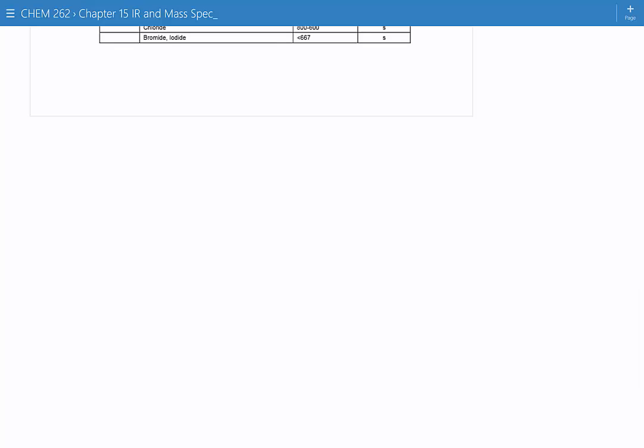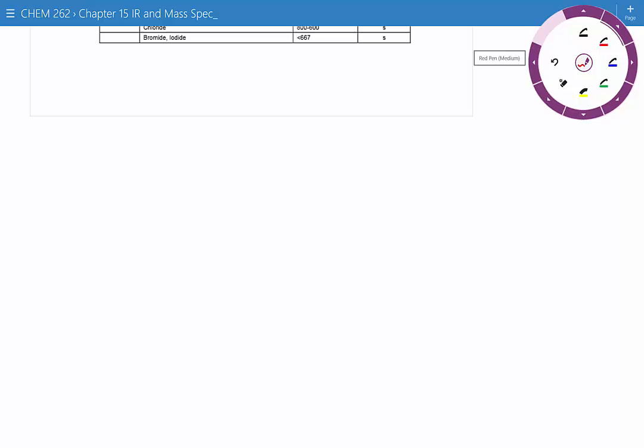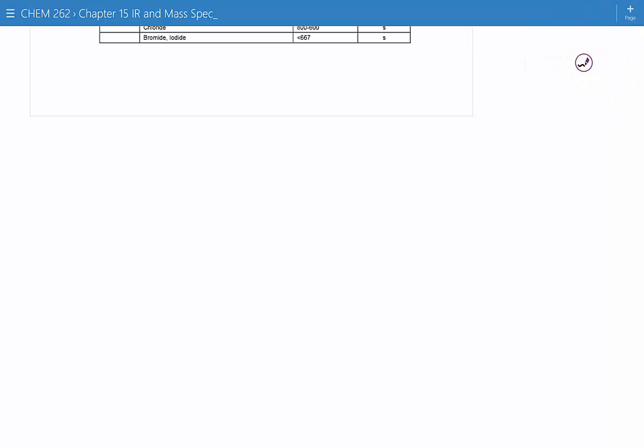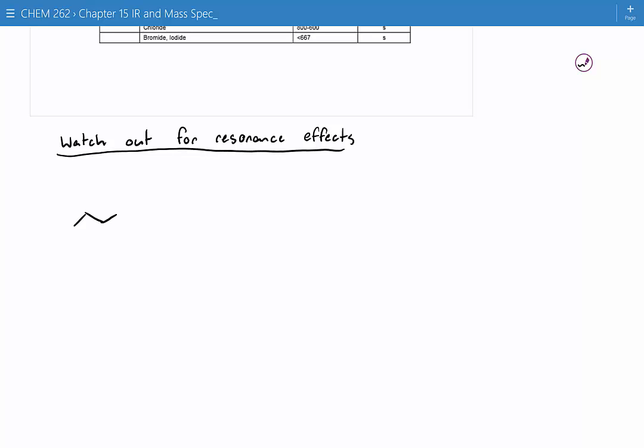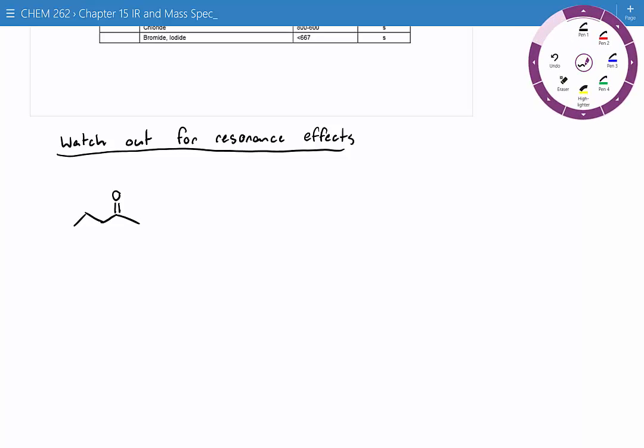There's one more thing that we've always got to watch out for, and that is resonance effects. And I'll give you guys an example that might make a little bit of sense. So let's take this ketone. If we take this ketone, we can draw a resonance structure for it.